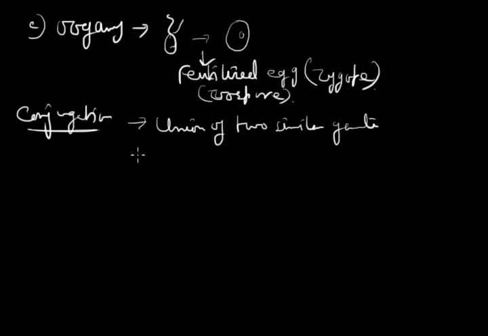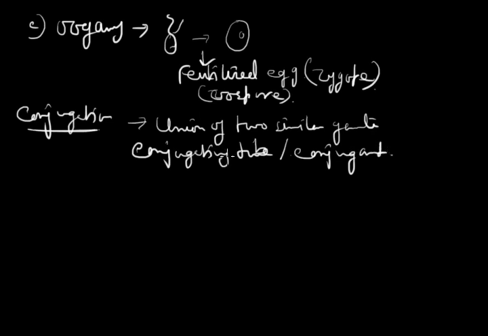So the important term is conjugating tube, and the participating organisms are known as conjugants. The most common example of such type of reproduction we find in Spirogyra, a type of algae.